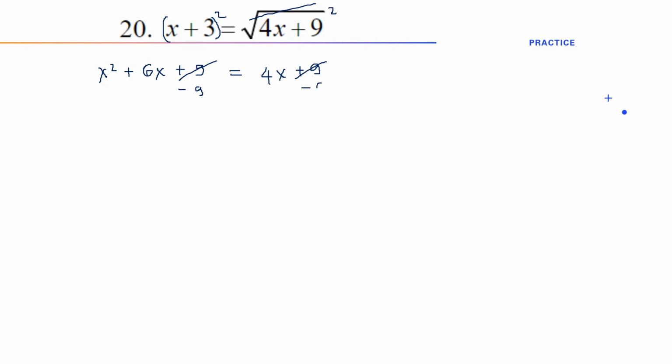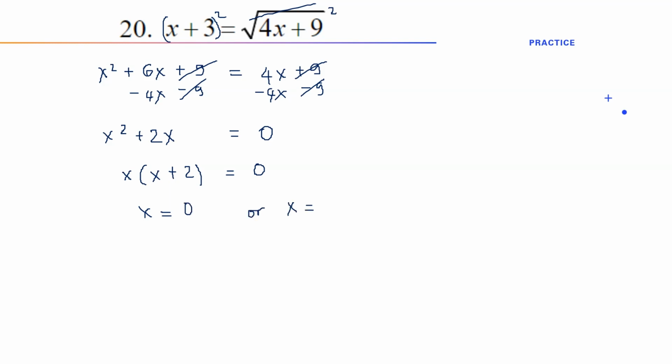Subtract 9 from both sides. So that's 0. Now we subtract 4x from both sides. We have x squared plus 2x equals 0. Common factor x, times x plus 2, equals 0. x equals 0, or x equals negative 2.